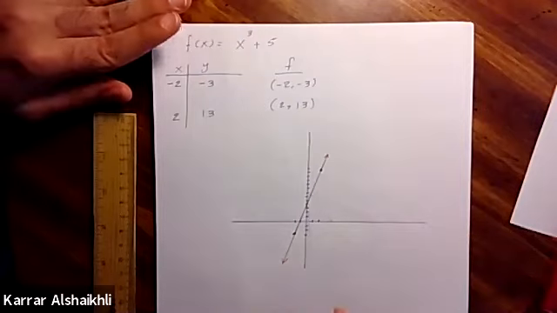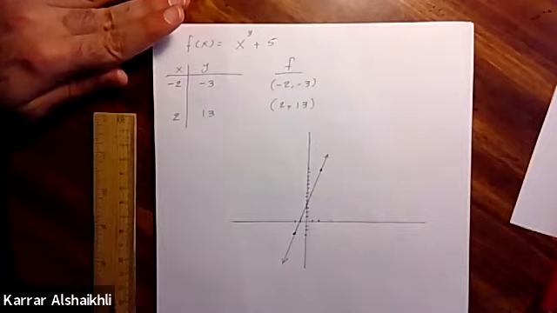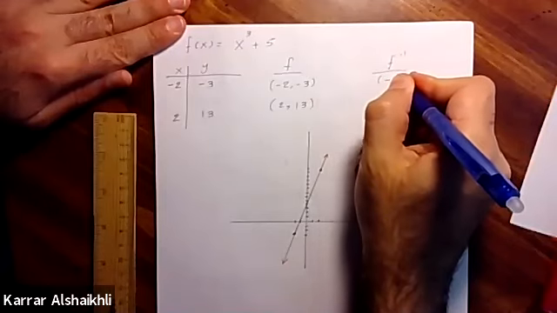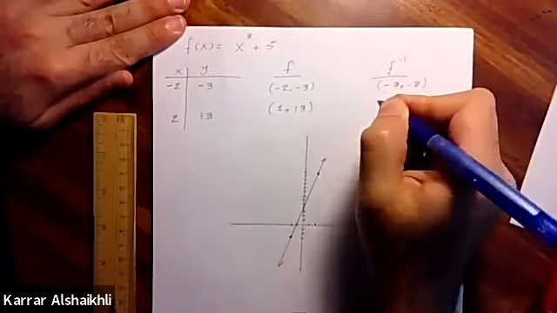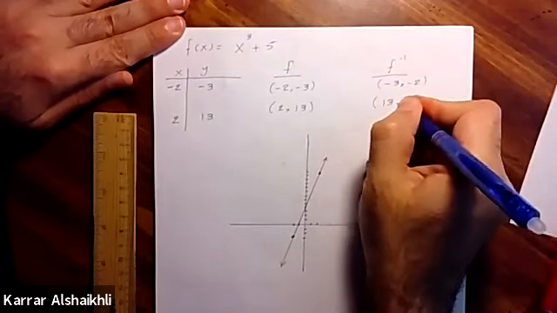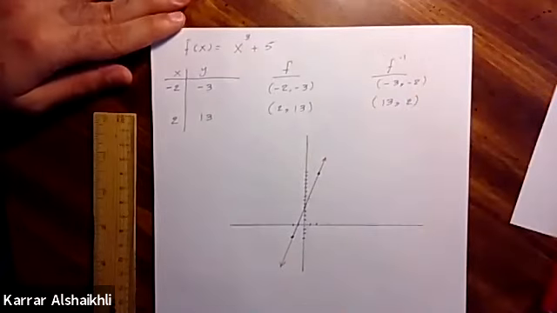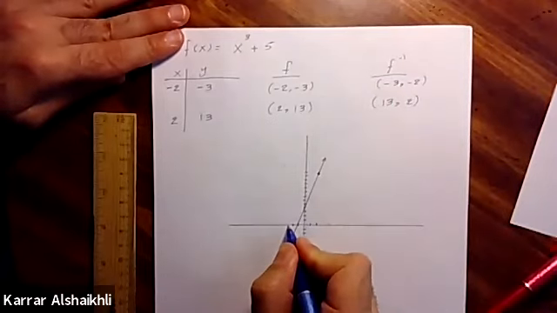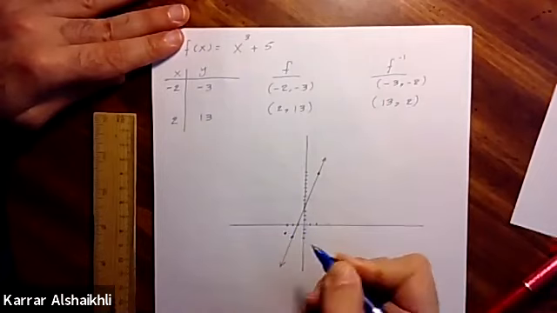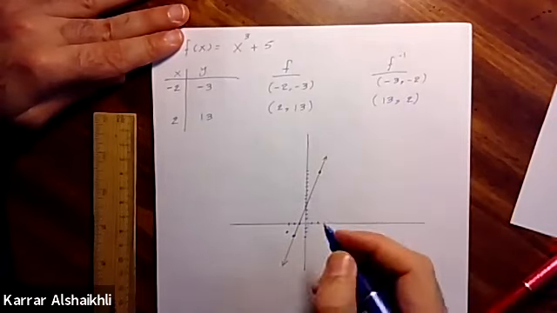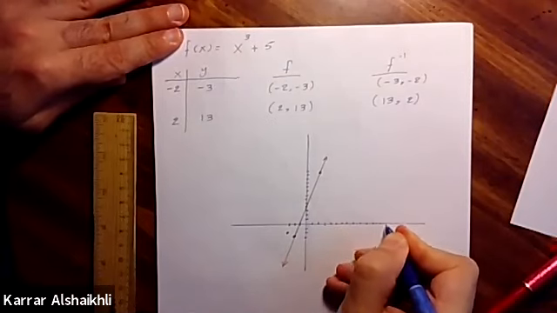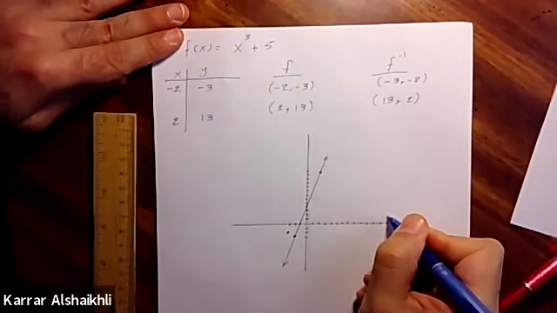Now let's graph the inverse of f. Flip these 2 points, so it's going to be -3, -2, and 13 and 2. Graph -3 and -2: -3, 1, 2, 3, and -2 is going to be here. 13 and 2: 1, 2, 3, 4, 5, 6, 7, 8, 9, 10, 11, 12, 13, and 2 here.